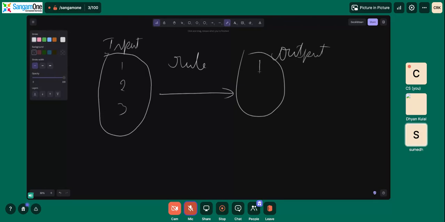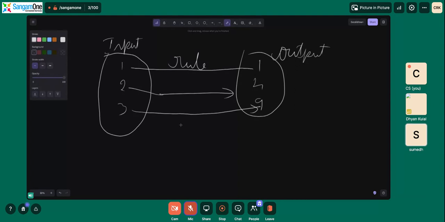Now, for example, by looking into this, can you say the relation involved? The rule that I used to map an input to an output.